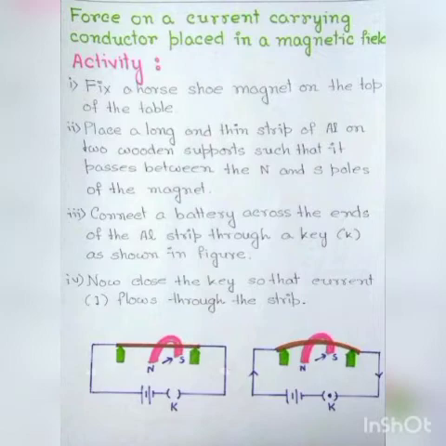Now, if we place a magnet in the magnetic field produced by a current carrying conductor, then the current carrying wire exerts a mechanical force on that magnet. And if the magnet is free to move, this force can produce a motion in the magnet, which is action.